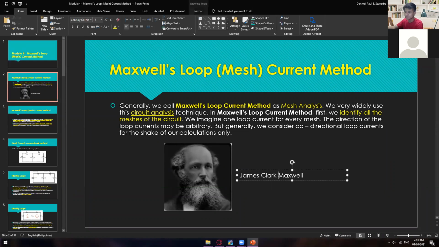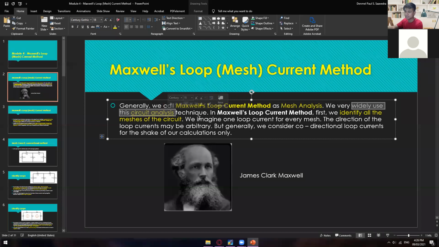As you can see, it came from his last name. His idea is widely used in circuit analysis technique, especially if you have a much more complicated circuit. Let's just say that the Maxwell loop current method is much better to use than Kirchhoff's law.